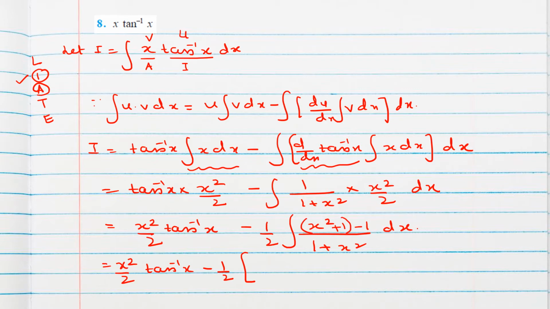So this divide by same denominator. So x square plus 1 divided by 1 plus x square dx minus 1 by the denominator. Okay, this half is outside the bracket with both the integral. Now this same term we can cancel. So we will be getting 1 here, and for the second integral we can apply the formula.